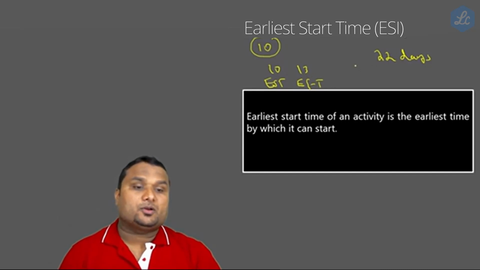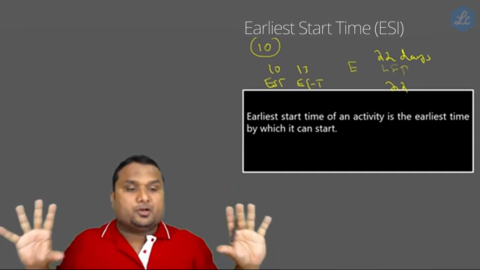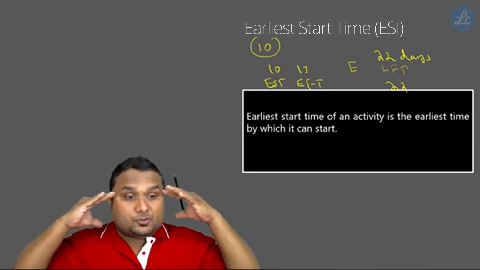But the housewarming of the house is supposed to be done on the 22nd day. So this is the latest finishing time. It should be done on the 22nd. Even if the painting job finishes on the 22nd, not an issue, because the housewarming is on the 22nd day, and we can extend up to 22.